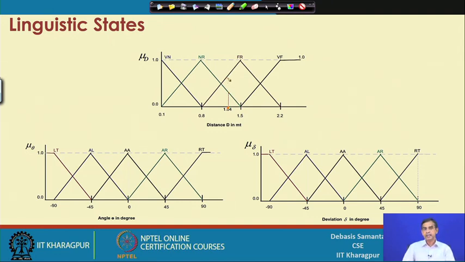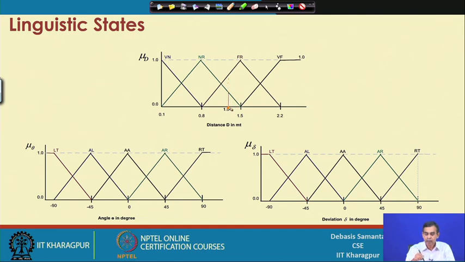So, this means that the crisp input 1.04 as the distance can be considered fuzzily in terms of two fuzzy values, the fuzzy near and the fuzzy far. So, distance 1.04 has a fuzzy membership belonging to the fuzzy state Nr, and 1.04 also is a fuzzy member belonging to the fuzzy state Fr, but it belongs to the two fuzzy sets Nr and Fr with certain degrees of membership values. So, we have to calculate the degree of membership values for this element which belongs to Nr and Fr.